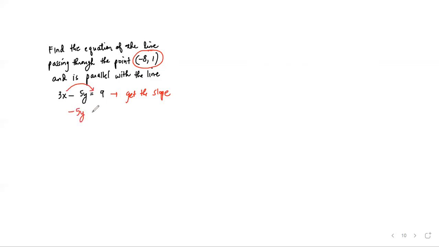So we get -5y is equal to -3x plus 9. And then we divide both sides by -5. In here, we get y is equal to +3/5 times x minus 9/5. So the slope is +3/5. And since this line is parallel with the line that we're looking for, then the slope of that line must be 3/5.